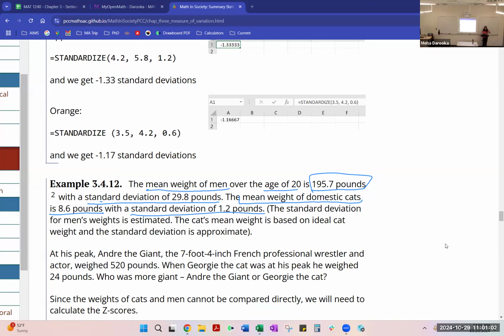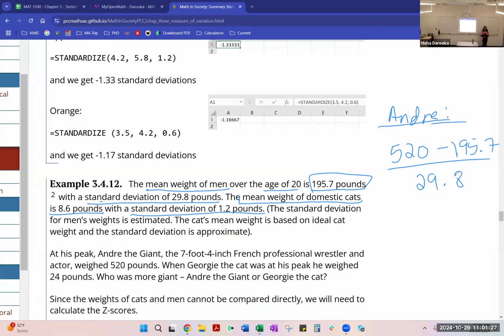So in this case, think about this. We are basically saying Andre the Giant weighed 520 pounds. They're telling us the average weight of men, which is the mean, is 195.7, and then you would divide by the standard deviation, which is 29.8.